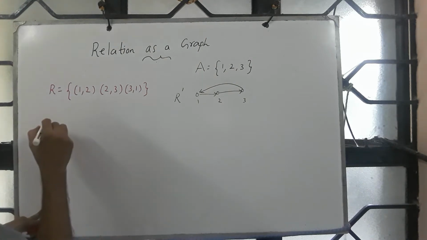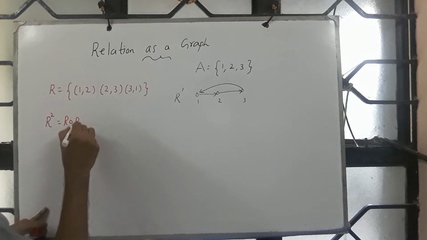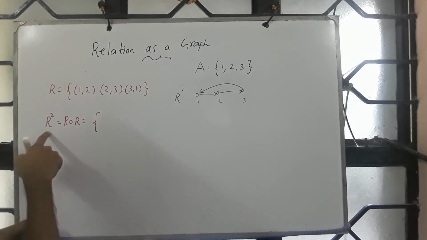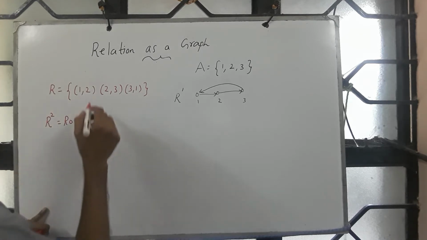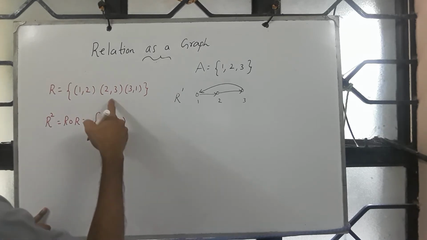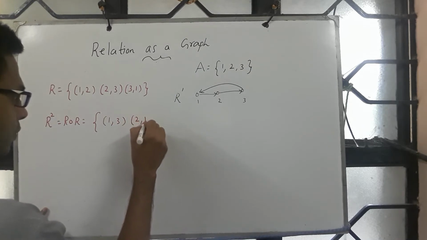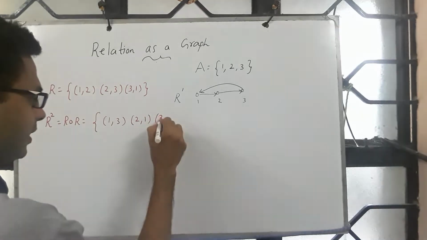Then we computed something called R square. R square consists of (a, c) such that there exists a b in A satisfying the condition (a, b) in R and (b, c) in R. So from (1, 2), (2, 3), you find (1, 3); from (2, 3), (3, 1), you find (2, 1); and from (3, 1), (1, 2), you find (3, 2).